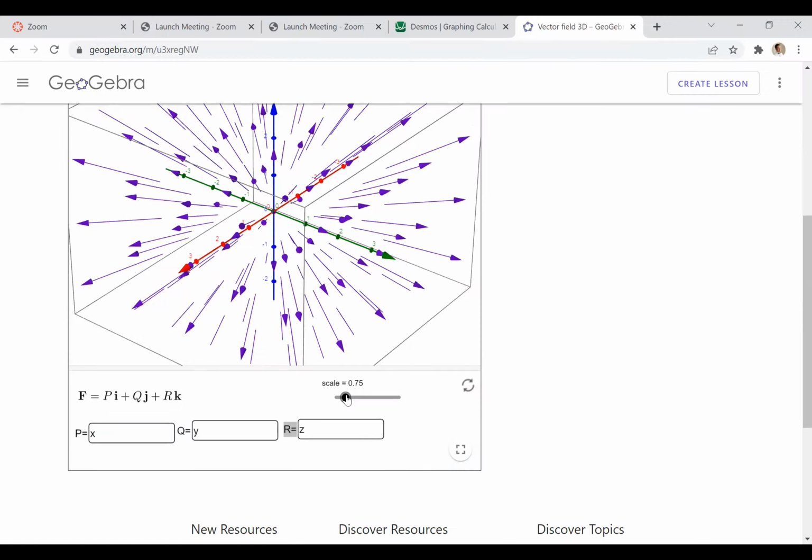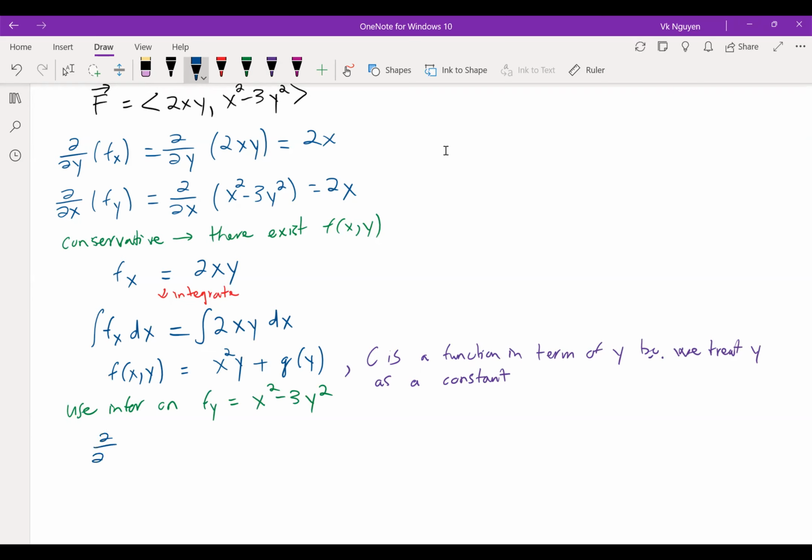So use info on fy equal x squared minus 3y squared. Okay, so we're going to use it. What does this mean? It's the partial derivative with respect to y of f. This should equal fy. So what does this mean?